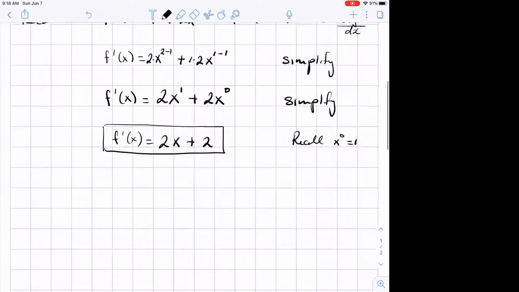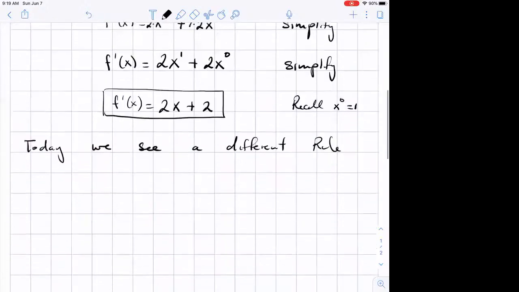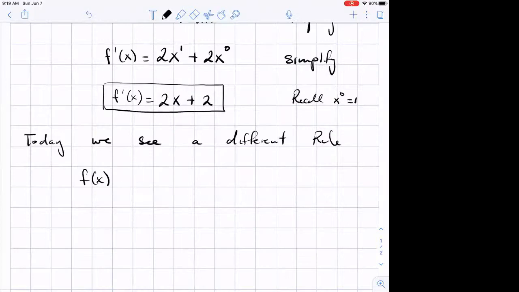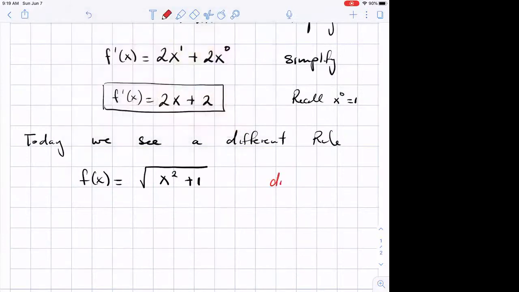Now, today, we will see a different rule. Okay. So for example, if I tell you f of x is equal to the square root of x squared plus 1. Now keep in mind that derivatives involve power, right? Derivatives always work with power.